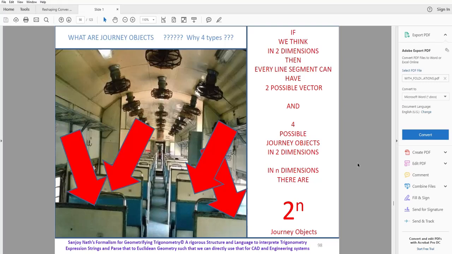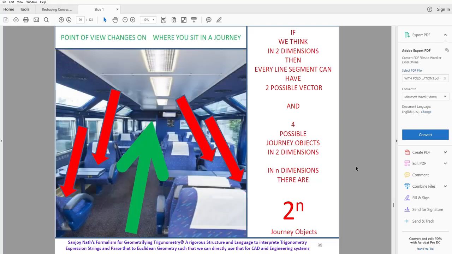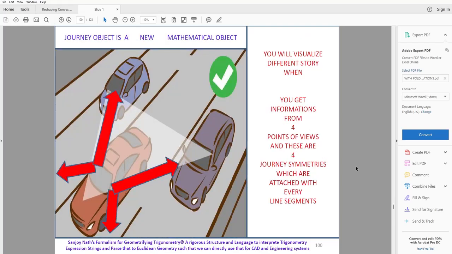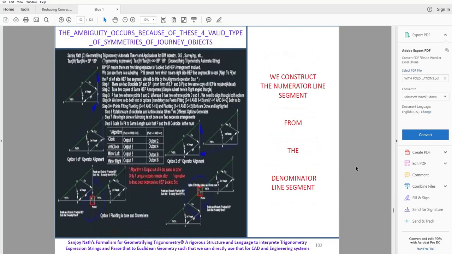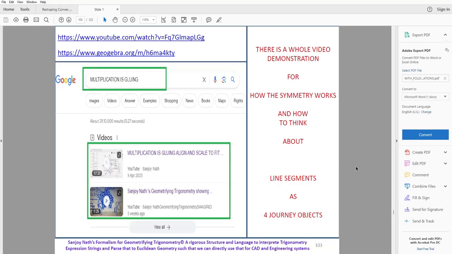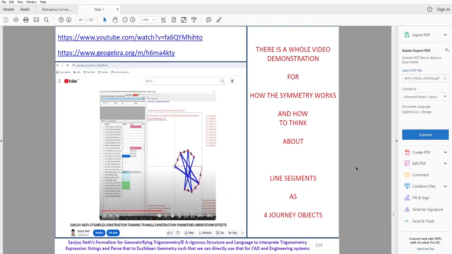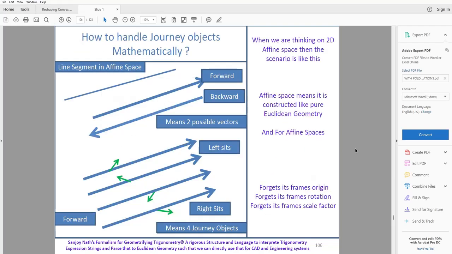Then you can see multiple views if we sit in different positions on the seats on a train, either in the going direction or in the return direction. So 4 possible journey objects in 2 dimensions are there, and for the journey we can see these ambiguities, and to avoid these ambiguities we can think of it in this way. And this is the simulator of Sanjoy Nath's Geometrifying Trigonometry, with which you can visualize the options there.